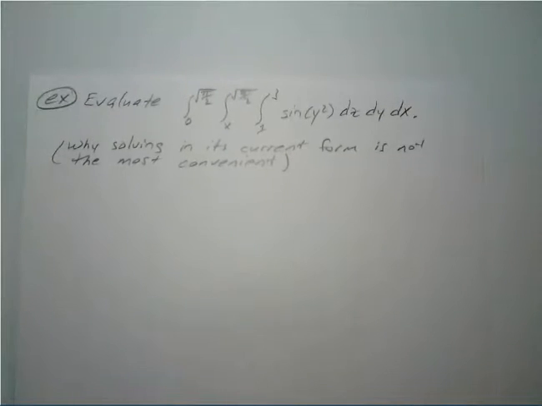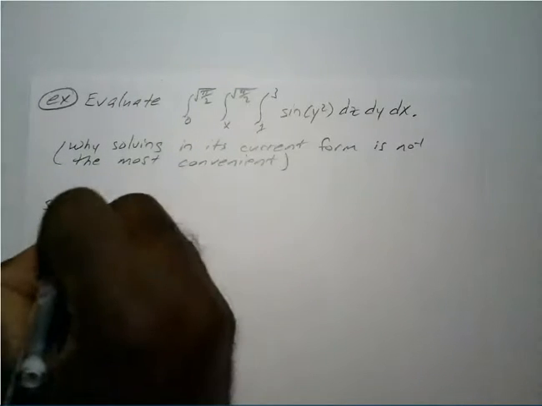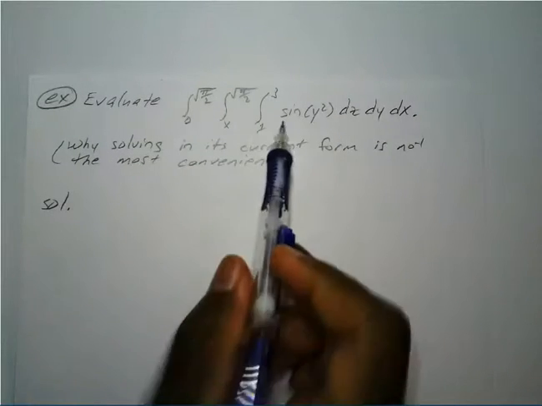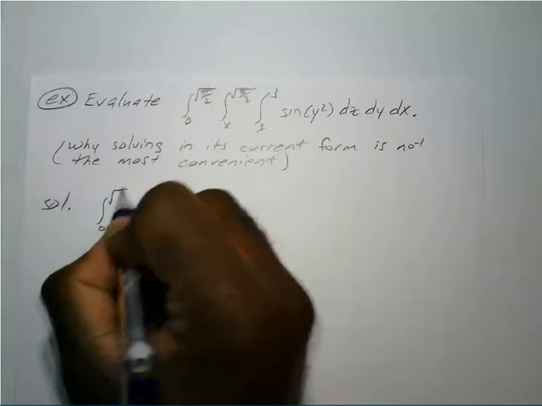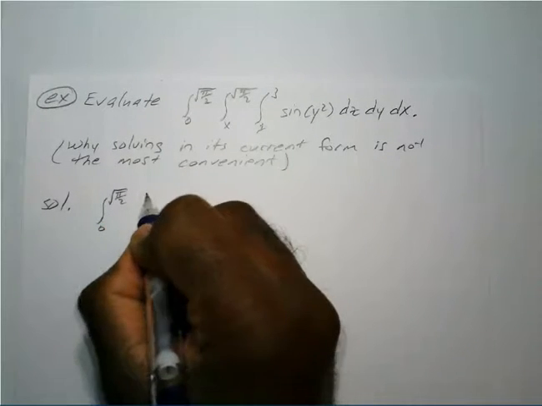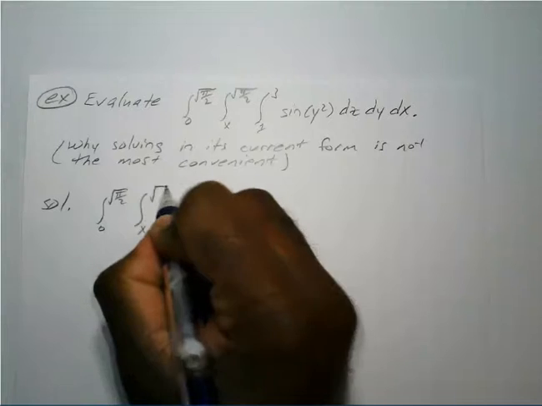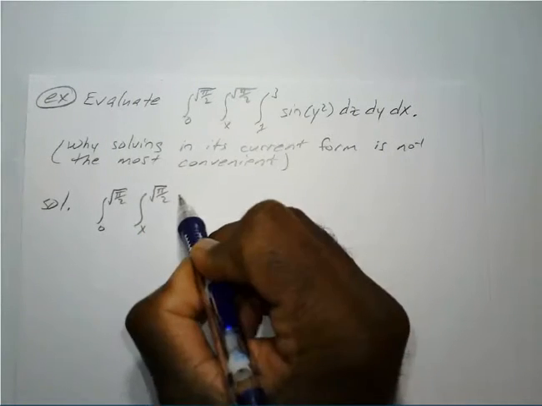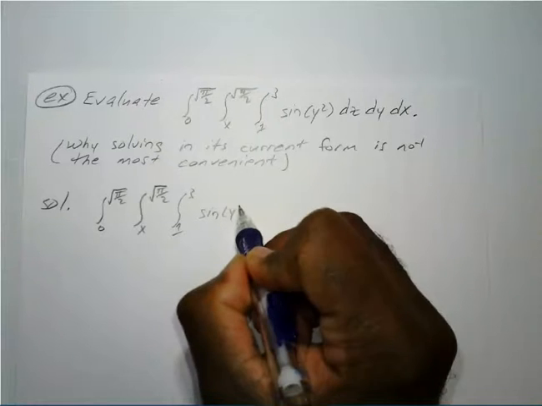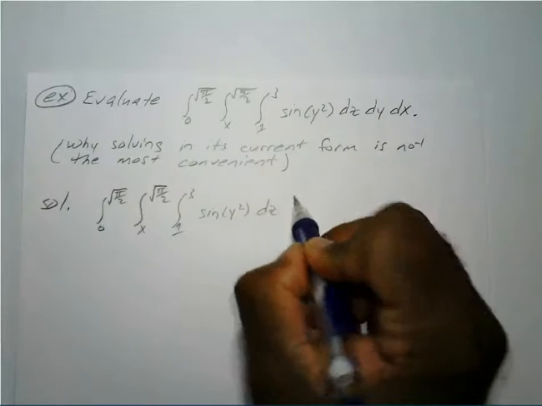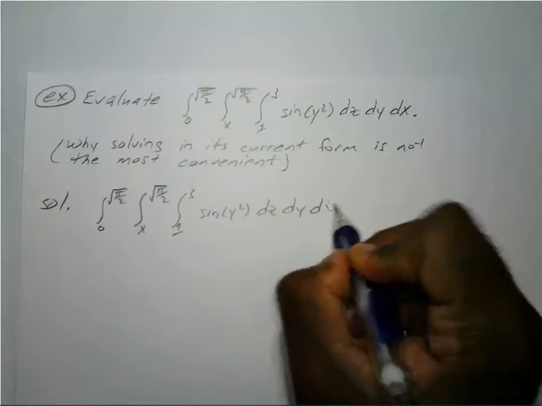Okay, so we're going to go ahead and solve this one in the current form. Okay, so just to rewrite it, so from 0 to the square root of pi over 2, x to the square root of pi over 2, and from 1 to 3 of sine y squared dz dy dx.